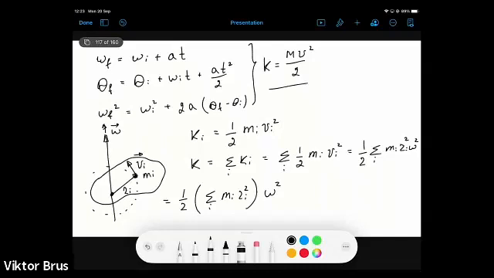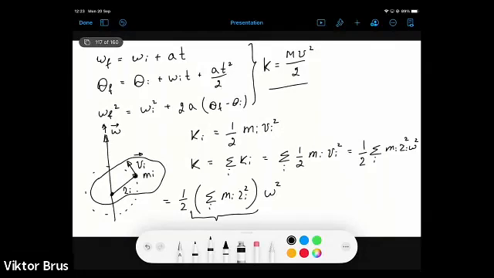This is the unique feature of the body and the axis of rotation, because we operate here with the mass of small elements of this body and the distances of these small elements of the body. So it takes into account the shape of the body and also the position of the axis of rotation.